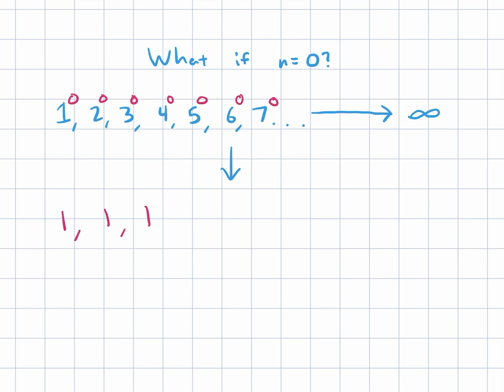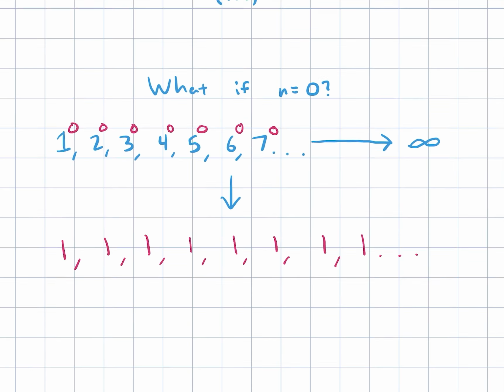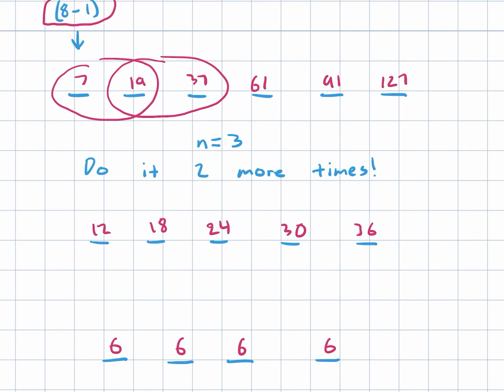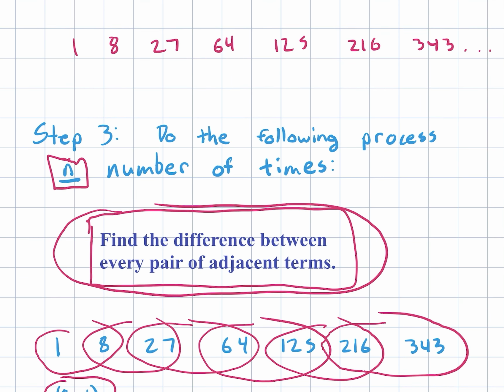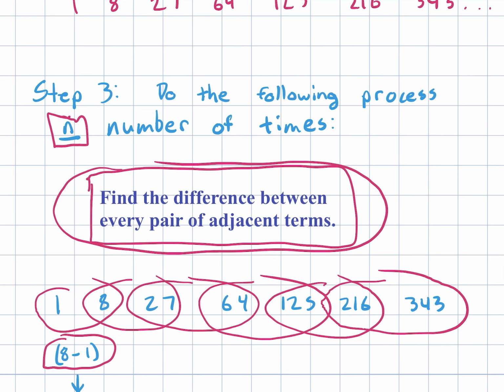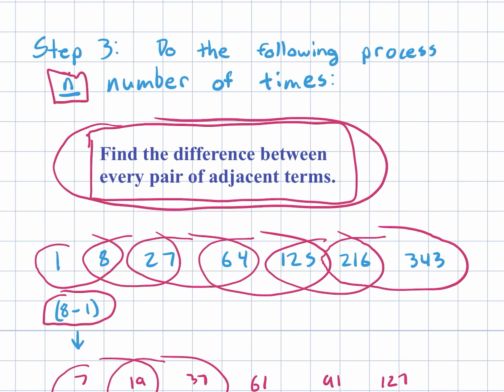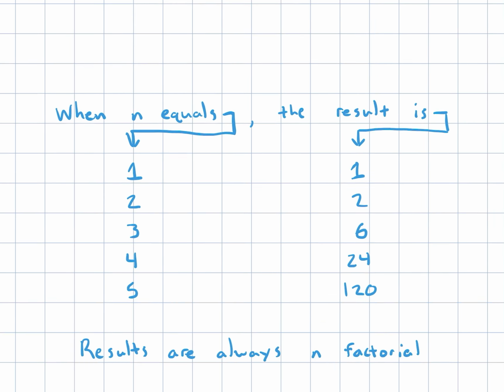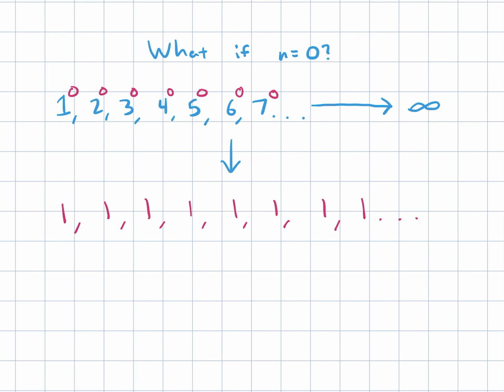You get a series of 1s, and so on, all the way until, well, just an infinite series of 1s, I guess. But remember, up here it says to do the following function n number of times, and since n is 0, then we don't do the function at all, and this is our final sequence.